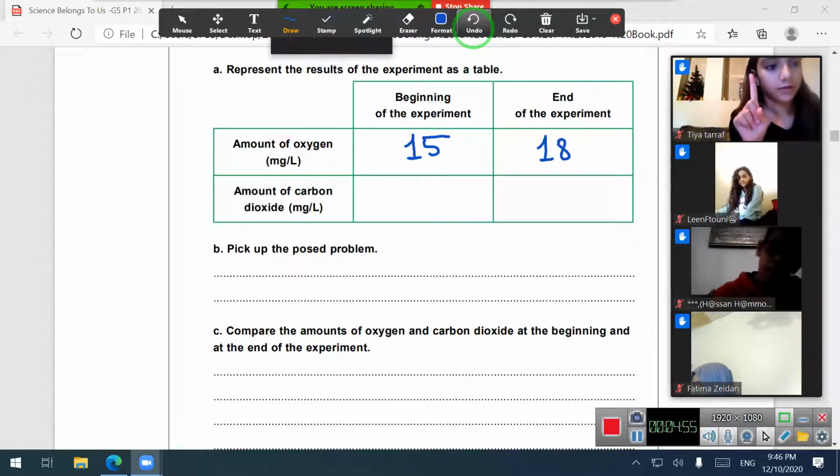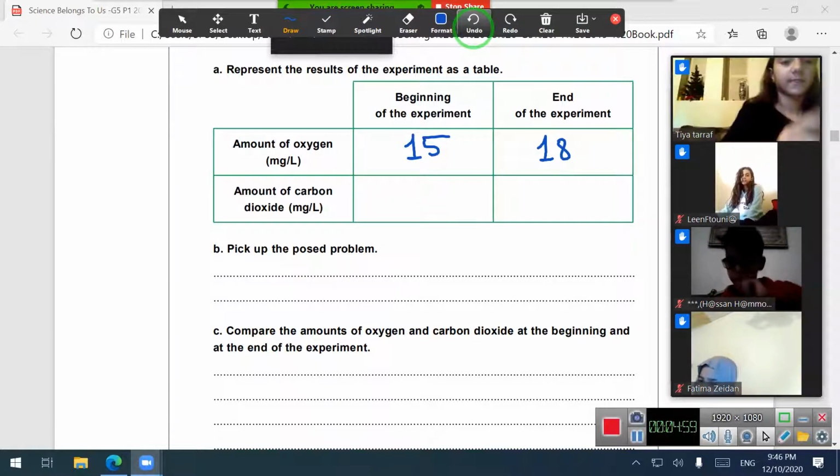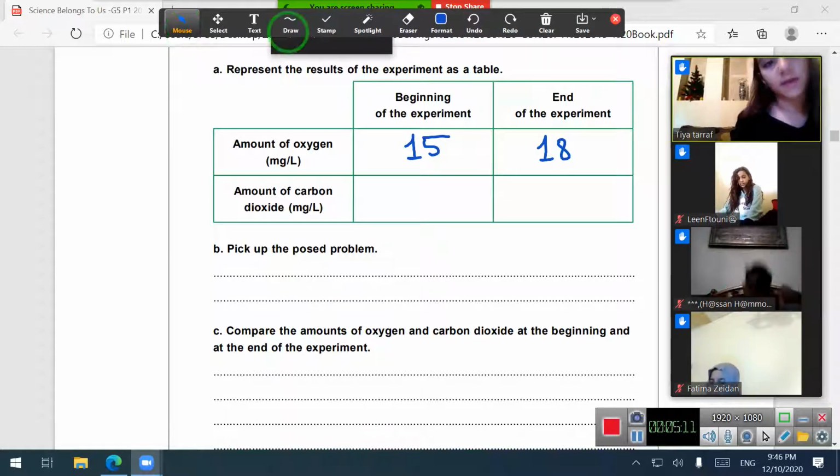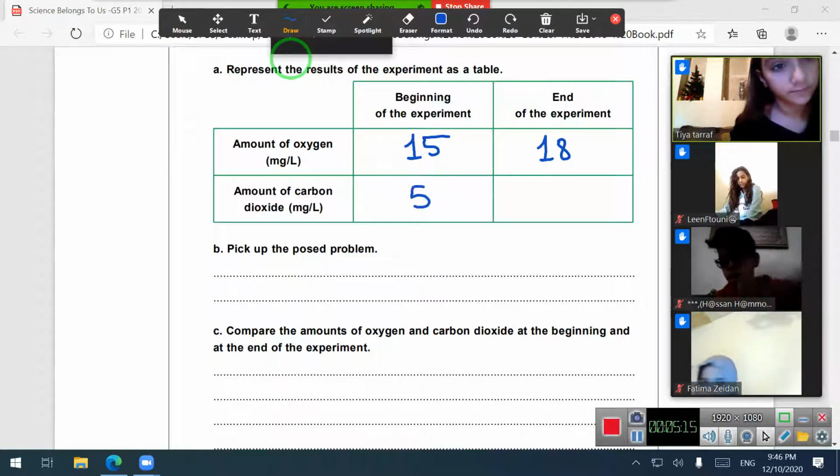Let's move to Tia. How was the amount of carbon dioxide at the beginning of the experiment? 5 milligram per liter. How does it become at the end?